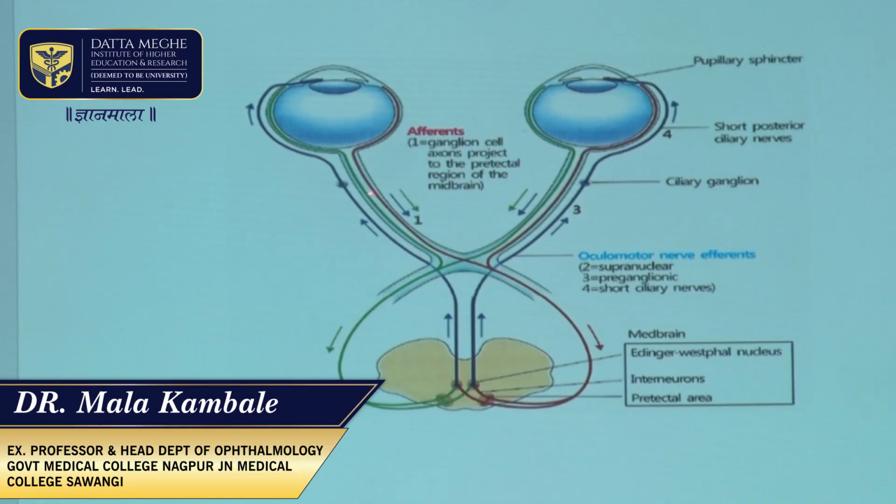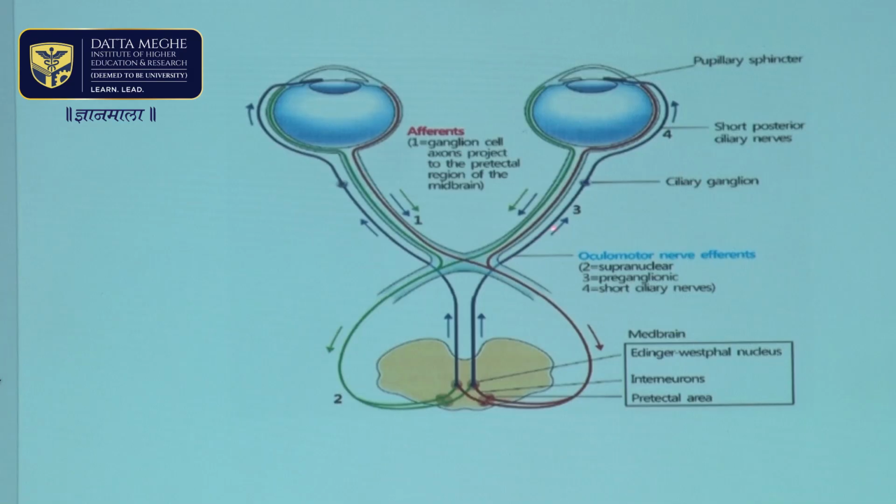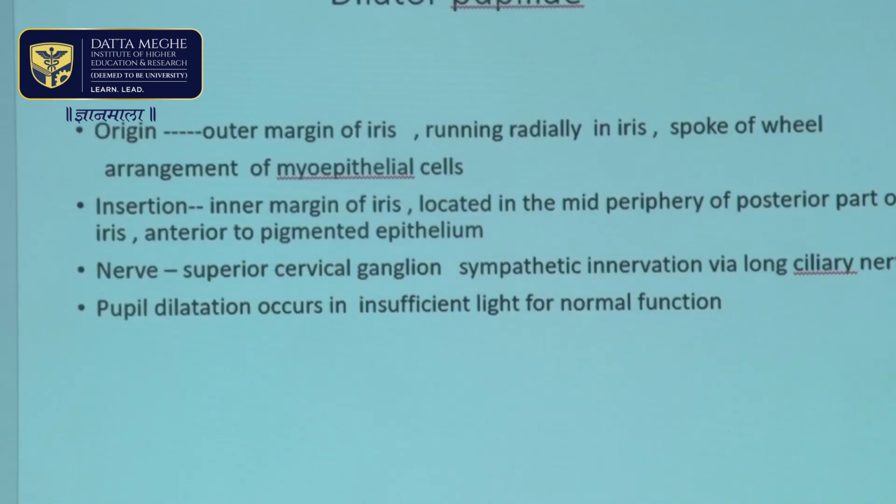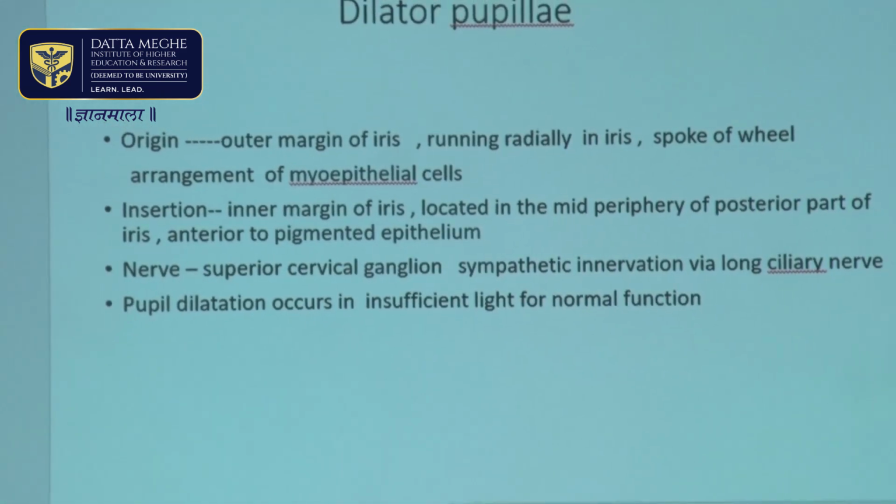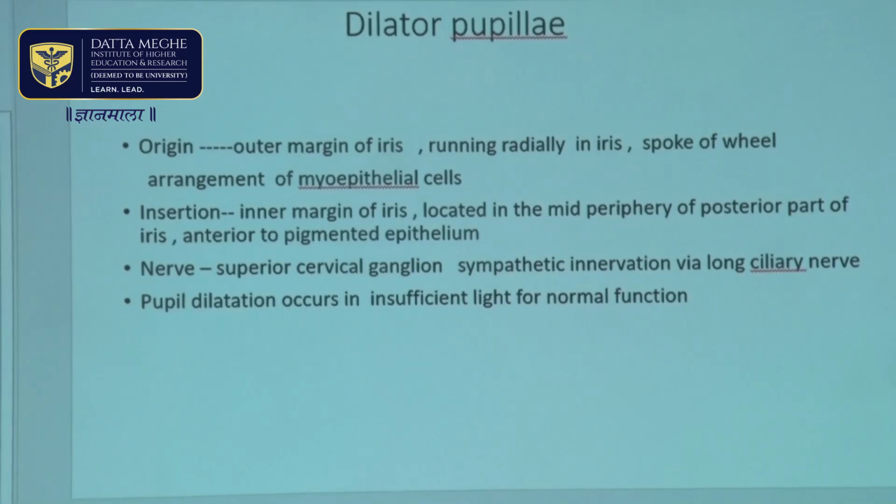So, this is the afferent and this is the efferent pathway for the pupillary light reflex.